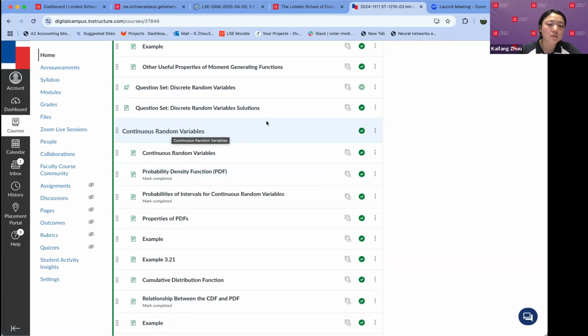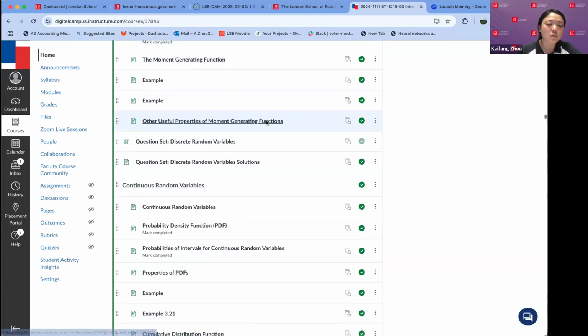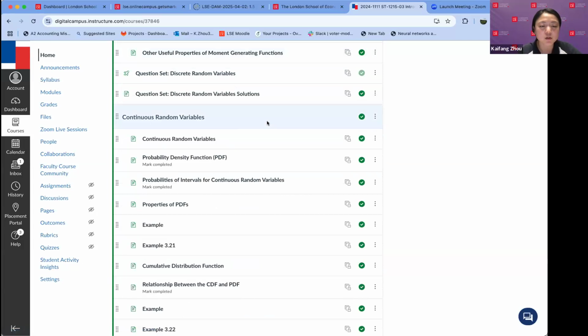So what is the key takeaway from this chapter? Basically, we just try to educate you on the definition of a random variable, what a discrete random variable is, and what a continuous random variable is.